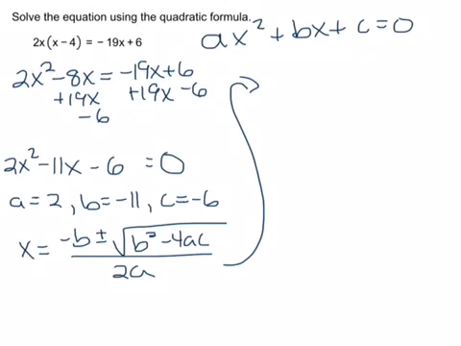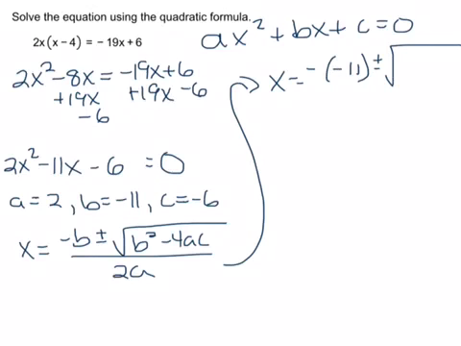So when we plug this in first, we've got x is equal to negative b, which will be negative 11. I am going to run out of room, aren't I? Let's try this over here. Negative 11, maybe I can make it work.